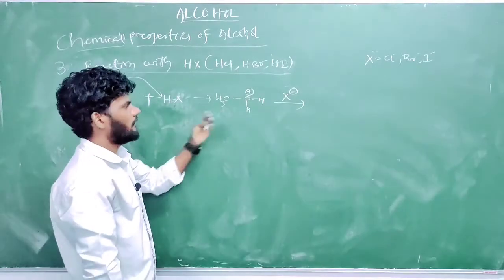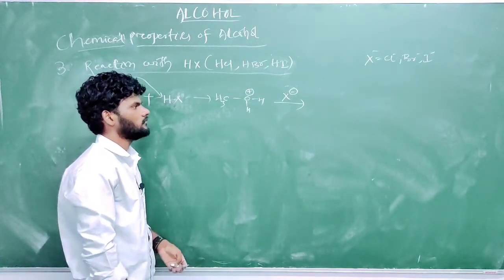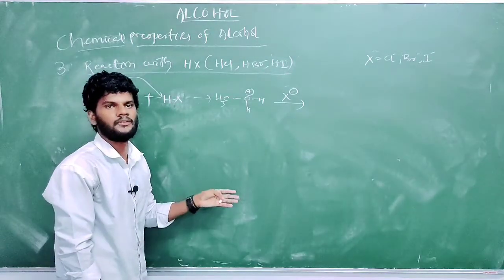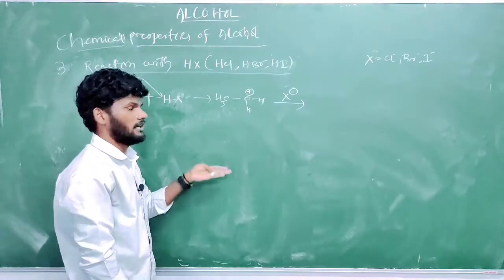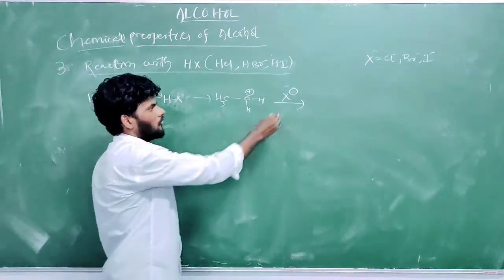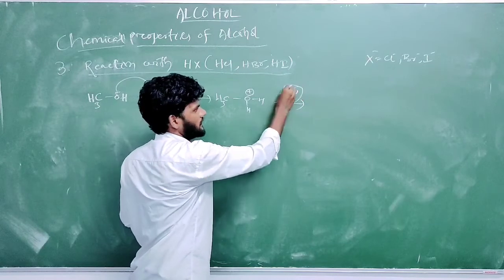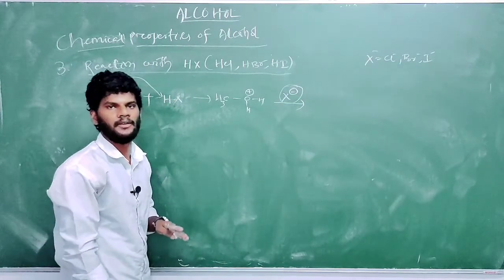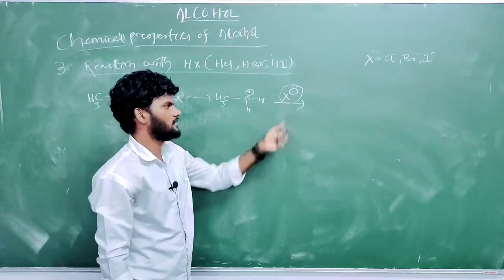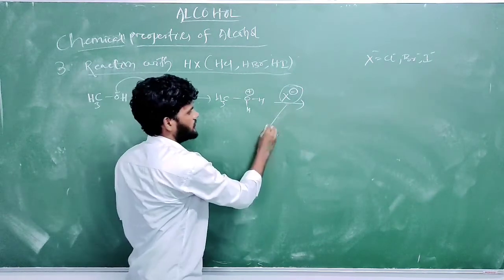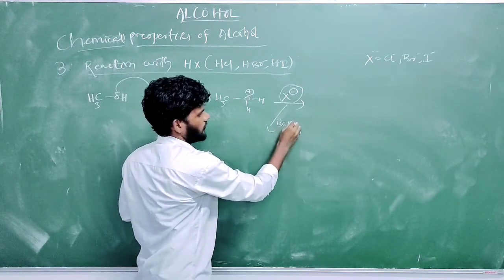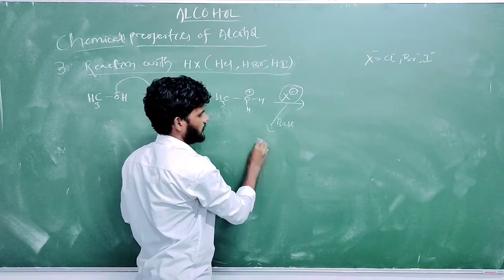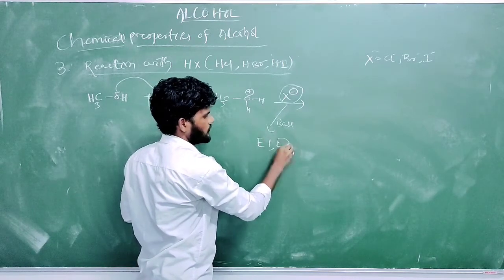So what will happen in the next step? Will it undergo substitution or elimination? How to know? Known by this group: is X minus a base or a nucleophile? If it is a base, then it will undergo elimination reaction, either E1 or E2.